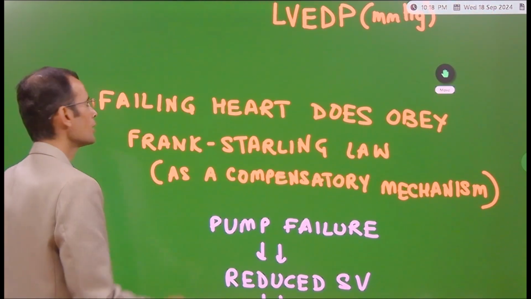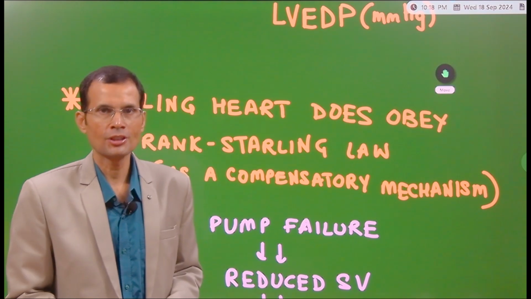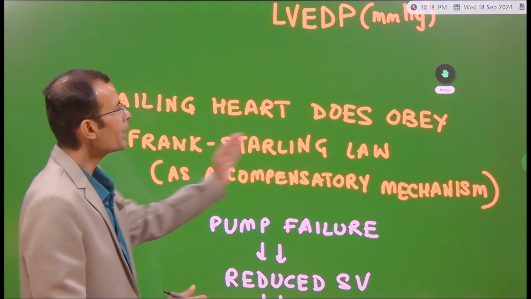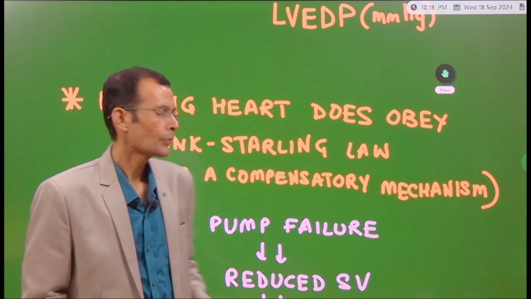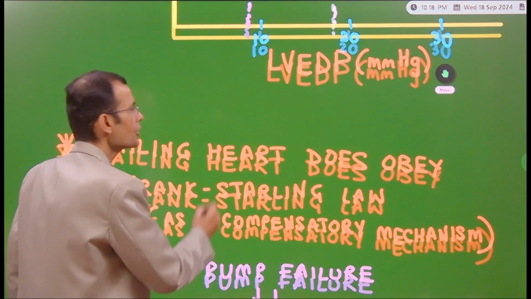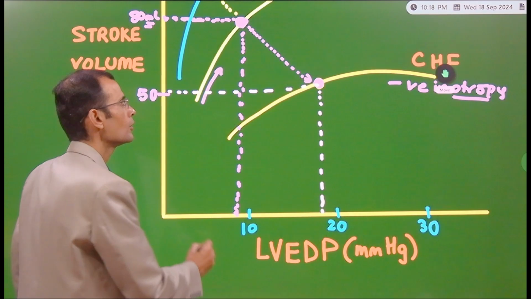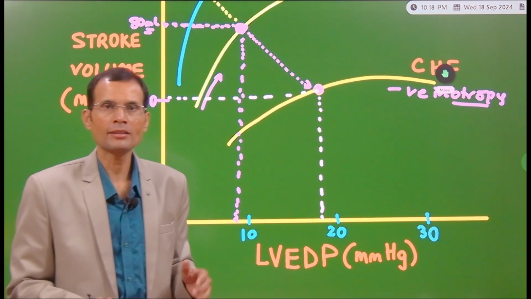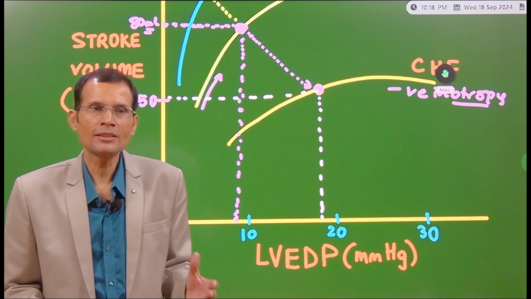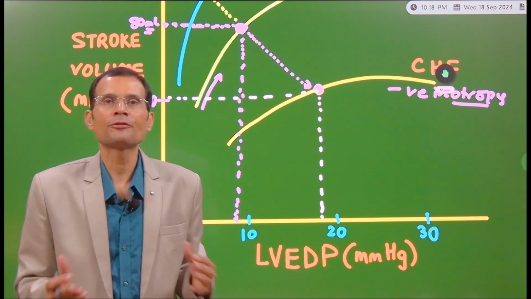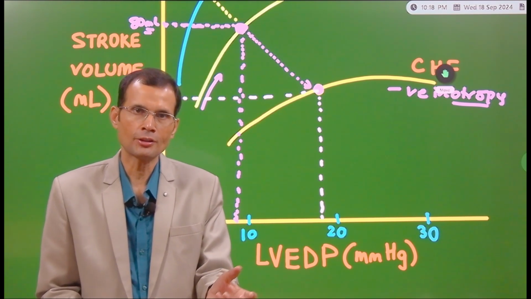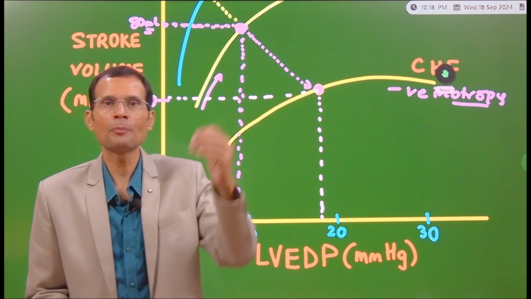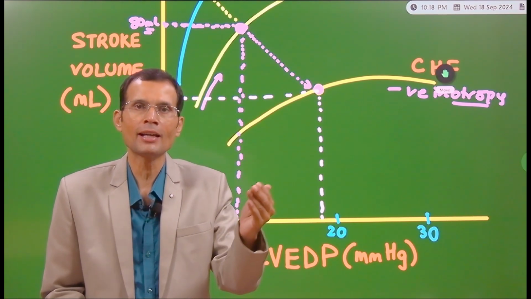Just adding further, very often this question is asked, whether the failing heart obeys Frank-Starling law? Well, at least initially, the failing heart does obey Frank-Starling law. What happens is, imagine that the heart is failing. That means pump failure, systolic dysfunction. So less amount of blood is ejected out, stroke volume is less.